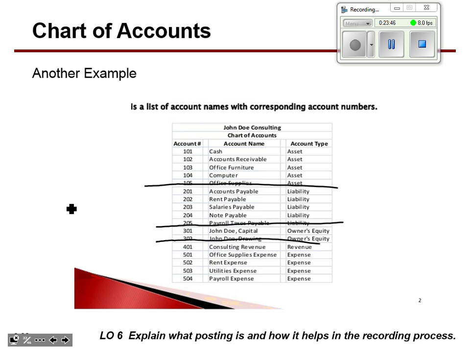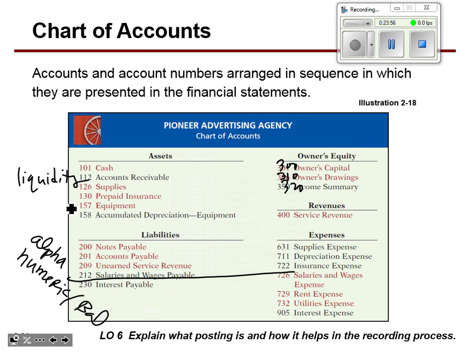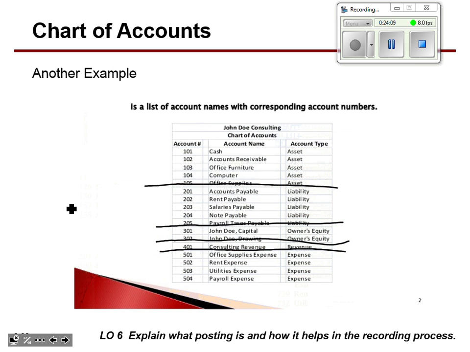They have the owner's equity, 1 revenue, and a few expenses. I like the layout of this better because of the 1, 2, 3, 4, 5s. I just think they're pretty tight. I'd rather see 100, 110, 120, 130, 140, 150.